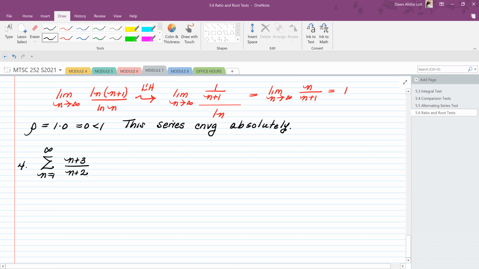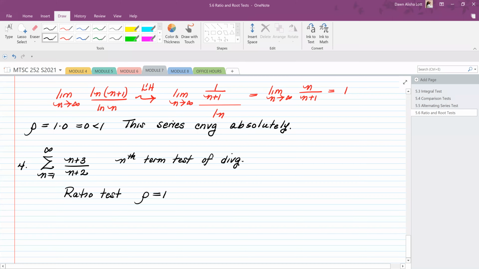All right, so if I'm not smart enough to figure out to use the nth term test of divergence, which is what I should use here, if I try the ratio test, I'm going to get rho is equal to 1.